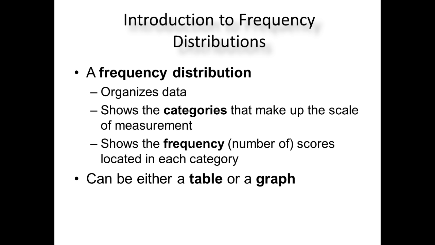Frequencies. So what is a frequency distribution? It's a way of organizing data by showing the categories that make up a scale of measurement. You might have a scale that just has 2 categories, yes or no. You might have a scale that has 3 categories, small, medium, or large, or blue, yellow, or red.